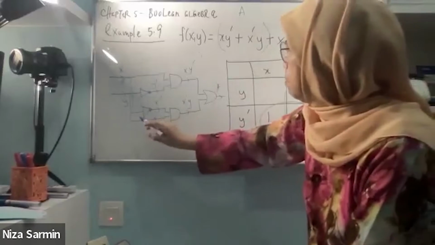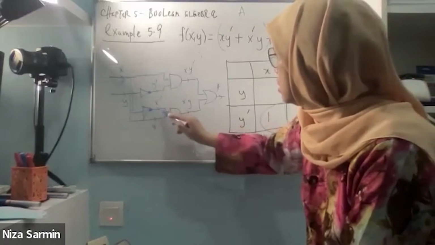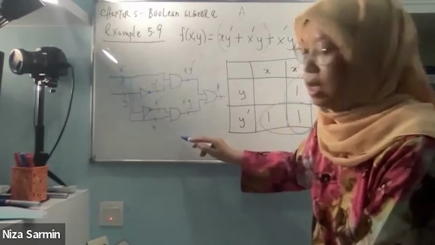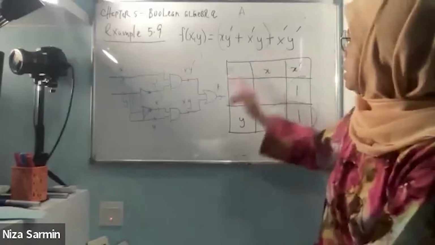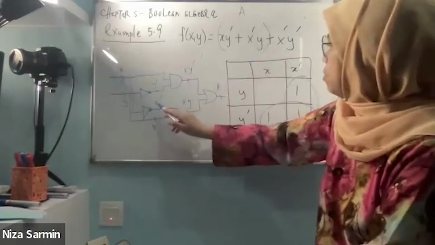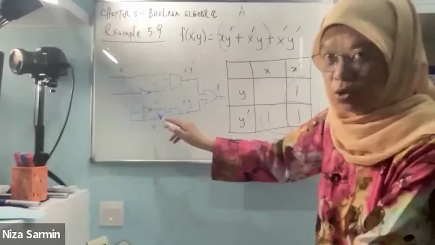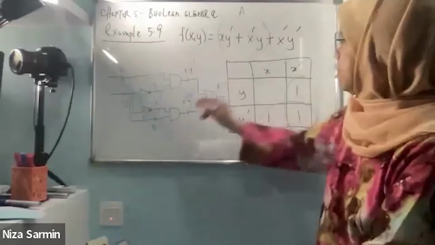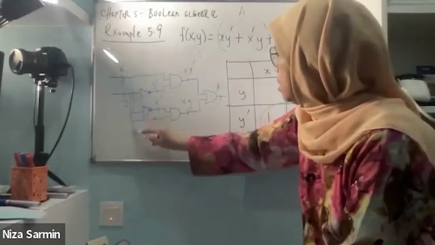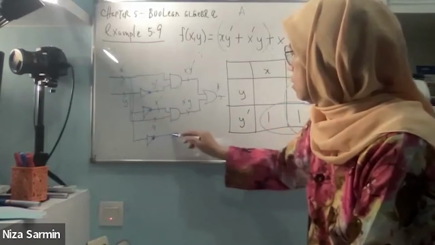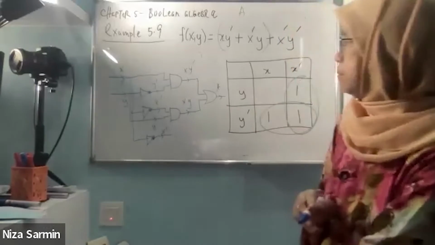So you can pull from here because this is X prime, right? Or you can do it another one here from X, okay? But if you do it from here, you will lose one gate. You will lose one gate because there is a prime. So I will pull from here and do another gate, which is X prime.